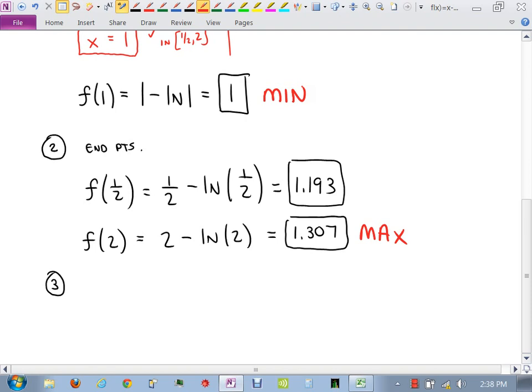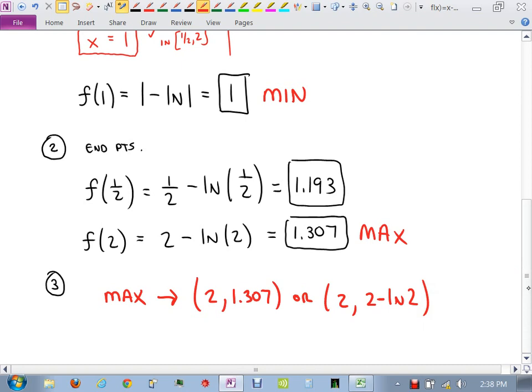Agreed? So when I compare, I have a maximum. It actually occurs at the point where 2 is what I plug in. What do I get out? 1.307? You could either put 1.307, that's an approximation, or you can put 2 minus natural log 2.